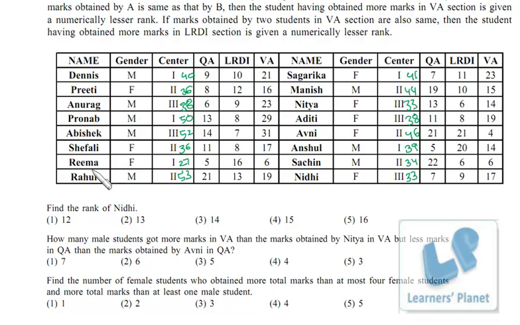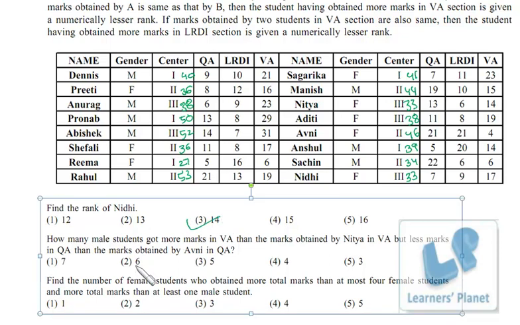Then 15 and 14, so Nidhi must be either 14 or 15, among Nidhi and Nitya. So we have to give the priority to the verbal section. Let's see who has got more marks in verbal. Nitya has got 14 and Nidhi has got 17. So Nidhi will be getting the lesser numerical ranking, so she will get 14th rank. Instead of arranging them in descending order, just go from the bottom, because you can see Nidhi has got 33 marks, that's very less. So Nidhi's rank is 14.